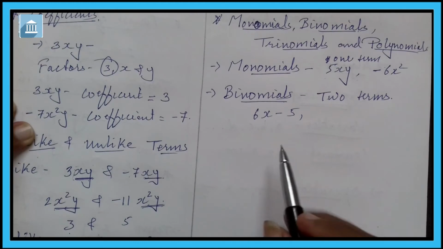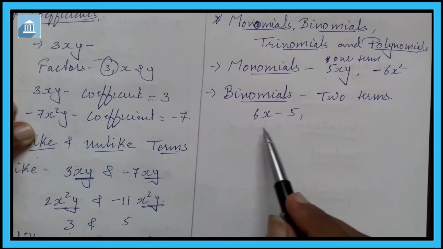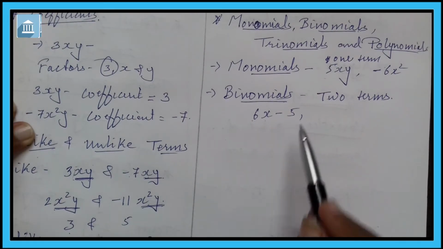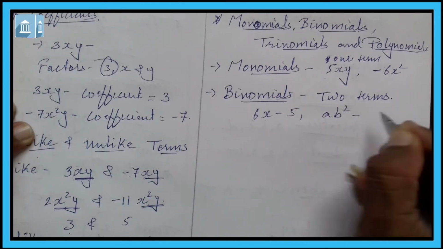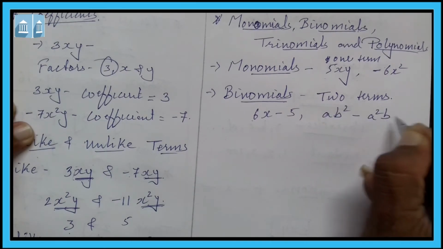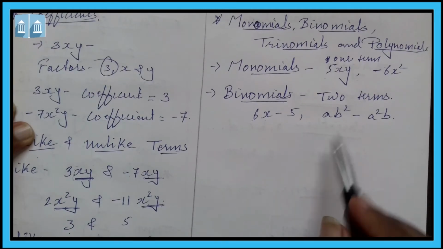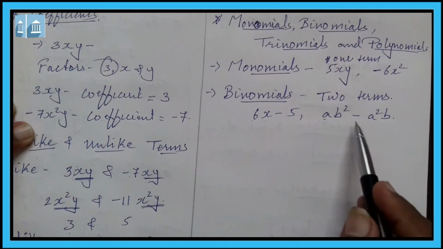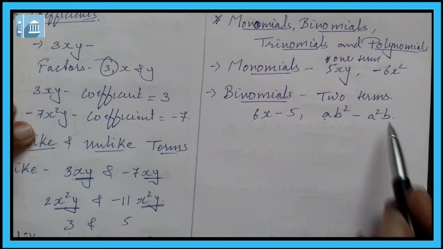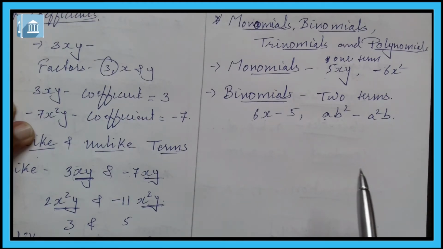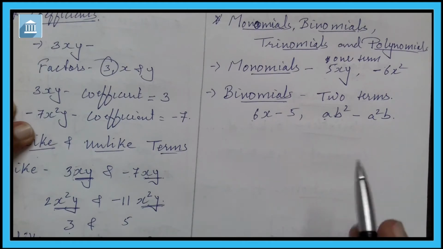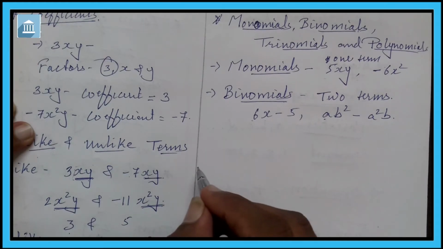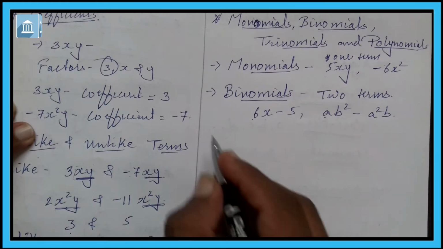Here two terms are there: 6x and minus 5. Another example is AB square minus A square B. Again it has two terms, AB square and A square B. So this is also a binomial. The expression which has two terms is known as a binomial.